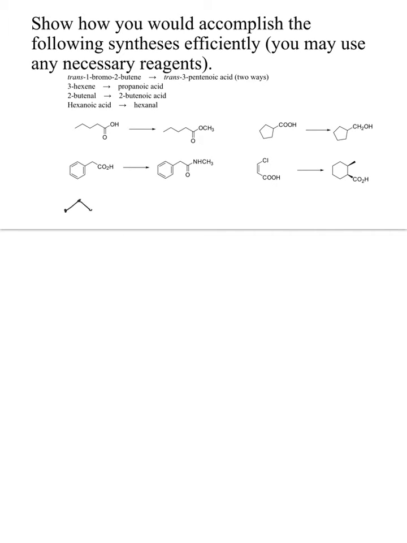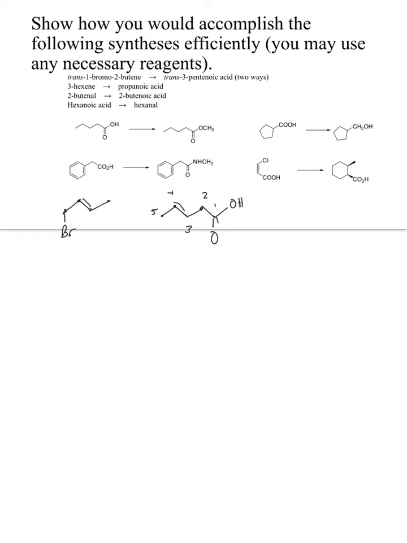So there's 4, and there's trans, and there's 1-bromo, 2-butene, and you're trying to make trans 3-pentenoic acid. 1, 2, 3, 4, 5.